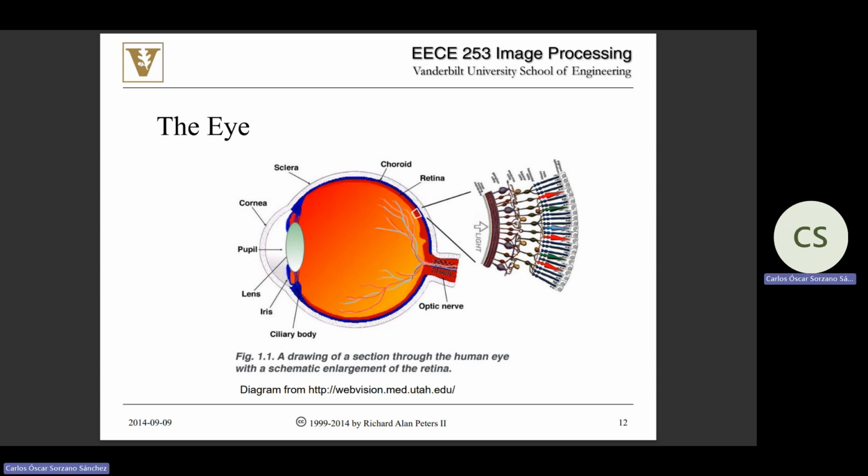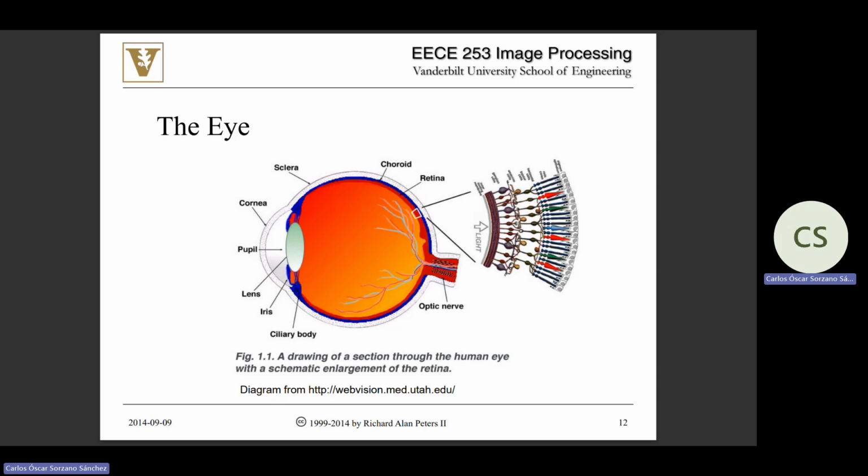Okay, so we have different kinds of cells. We already recognize here the cones that have been represented with colors, and the rods that are represented as blue sticks, if you want.